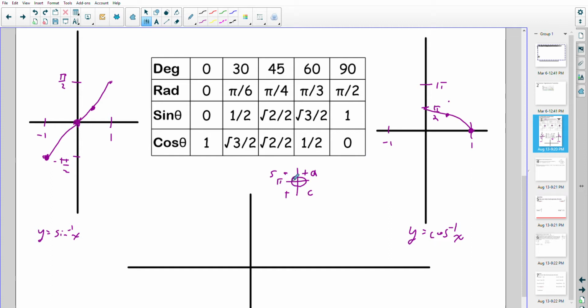from pi over 2 to pi, which means that if you looked at the unit circle, you would also see that at pi, that's equal to -1. And you could also see this from the cosine graph, that at pi it's equal to -1. So now your x's are going to be negative, and your y's are going to be positive.